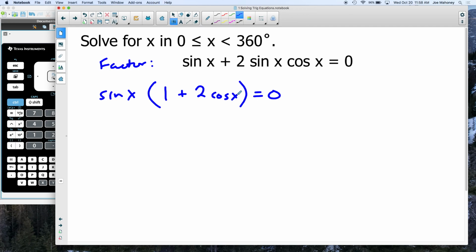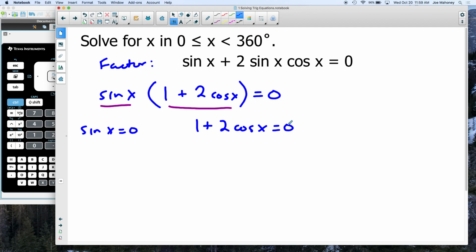Now if I'm solving an equation, I have to use the zero property of multiplication, where if two things like sine x and 1 plus 2 cos x are equal to 0, it means that I can set each factor equal to 0, and I can solve each of these equations.